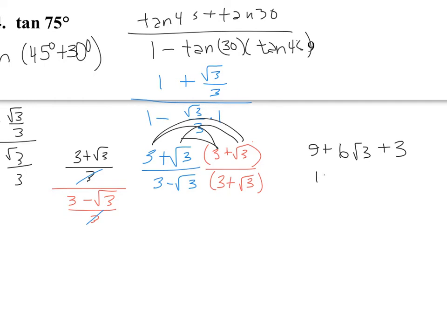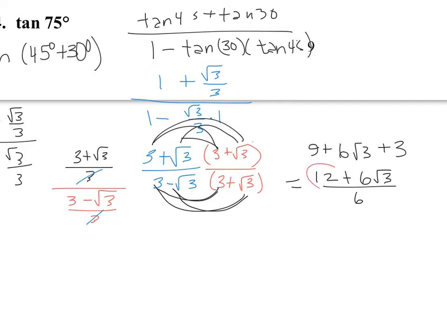So that is 12 plus 6 root 3. And my denominator is going to be 9 minus 3 root 3 plus 3 root 3 minus 3, so that's going to be 6.